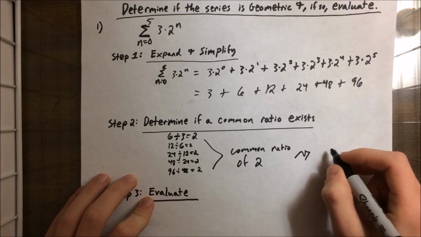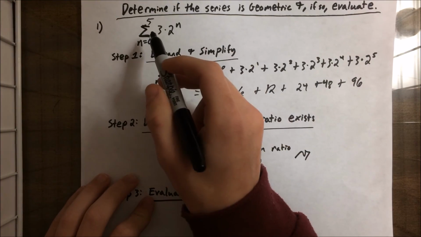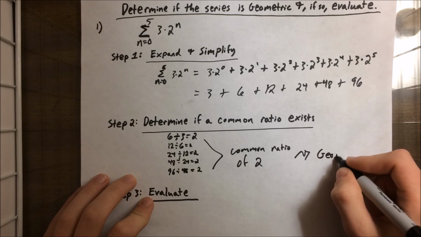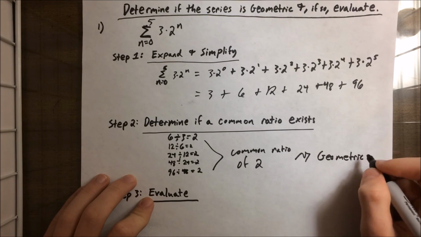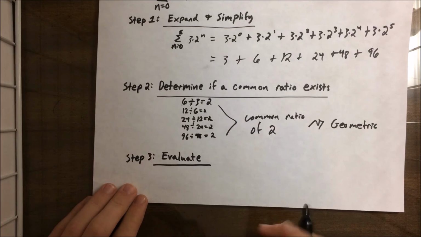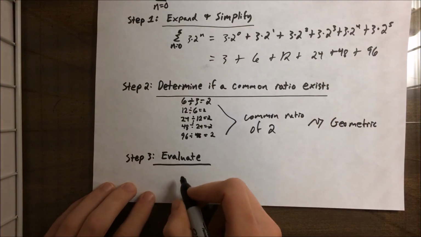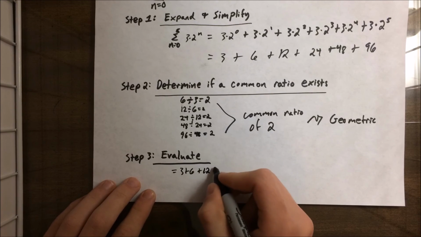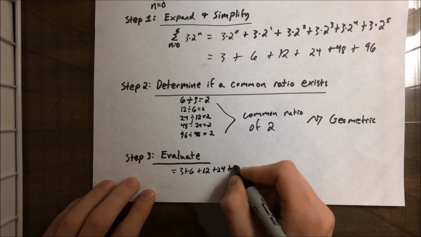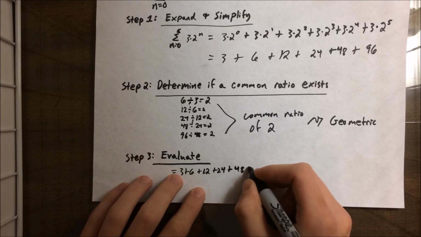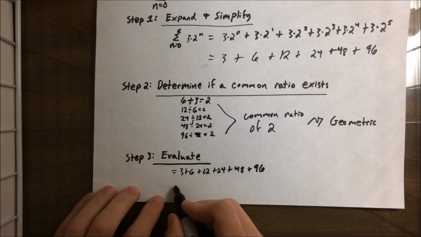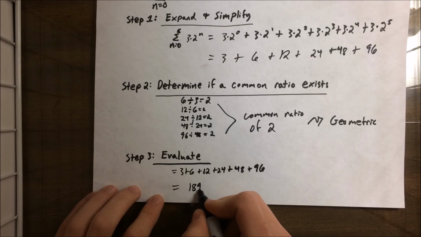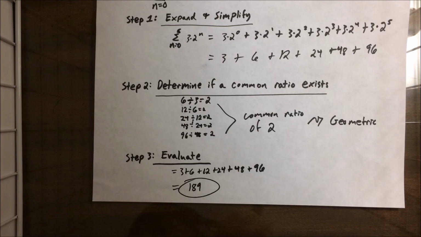So therefore, this series and this sequence is geometric. Okay, and then step 3 is to evaluate. So we're just going to take 3 plus 6 plus 12 plus 24 plus 48 plus 96, and that's equal to 189. And that's your final answer.